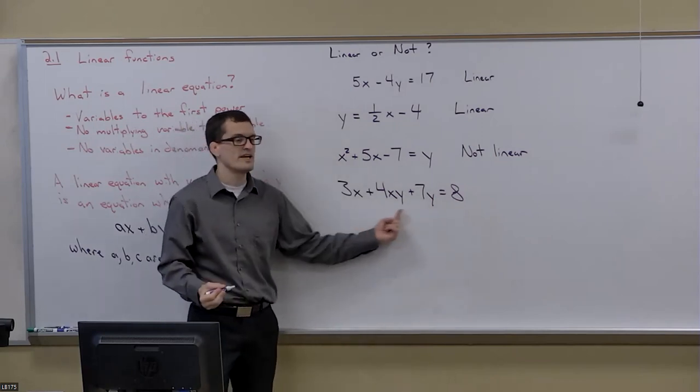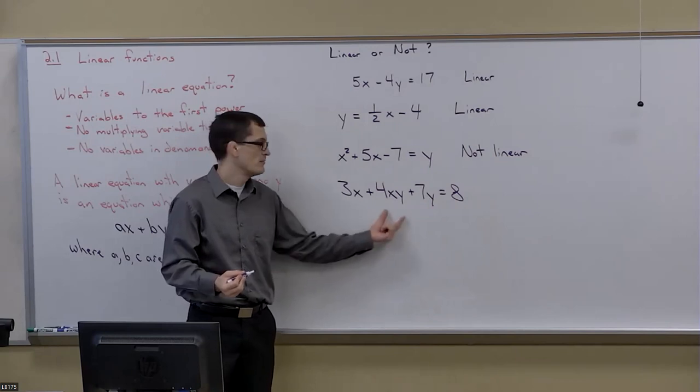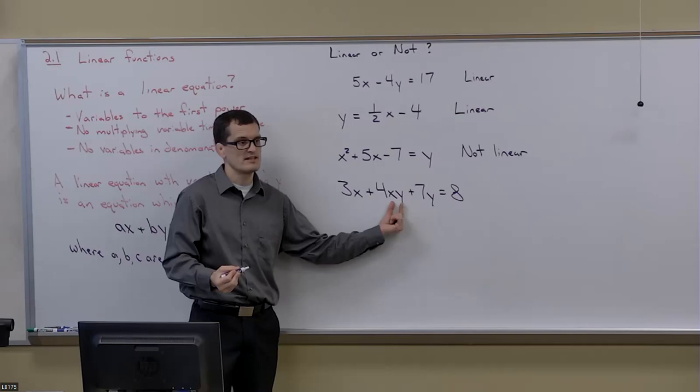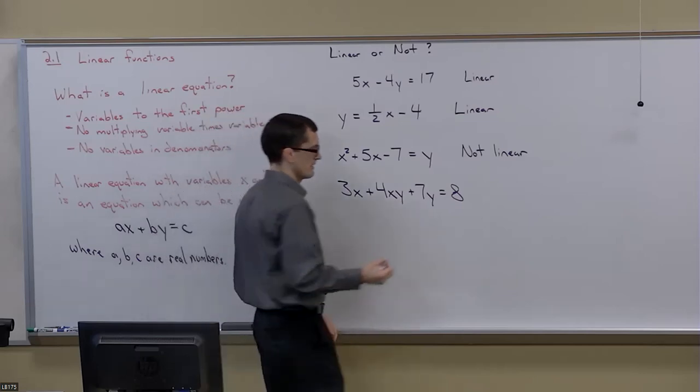This one, we may think, well, all the x's and y's are raised to the first power, but because we have x times y here, that's not linear either. This is two variables being multiplied, so that's not linear.